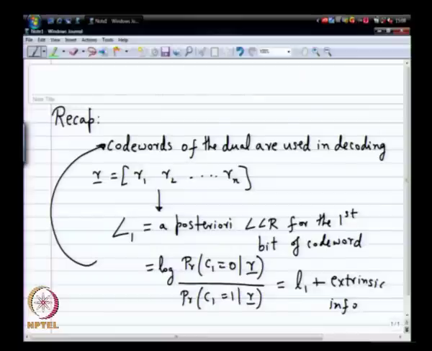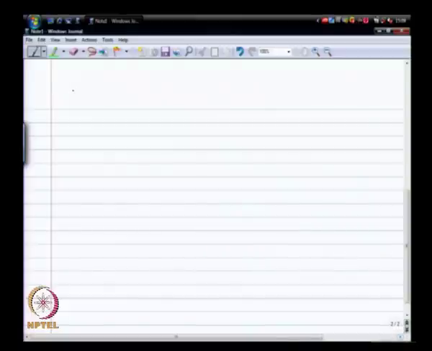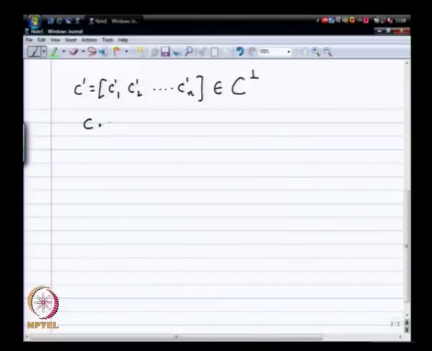That is the idea. If you have a code word of the dual, let us say C prime 1, C prime 2, through C prime n, then we know that the transmitted code word C dot C prime was 0.